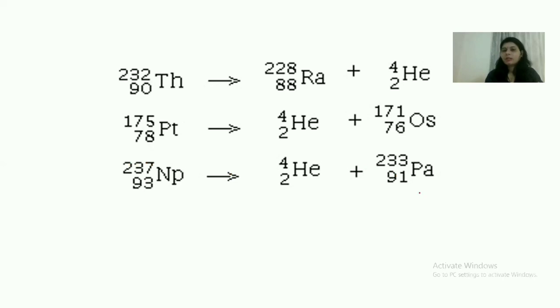We find the element with that atomic number in the periodic table and write down its symbol, its atomic number on one side, its mass number decreased by 4, plus helium. This is all about alpha decay: how to write the equation during alpha decay.